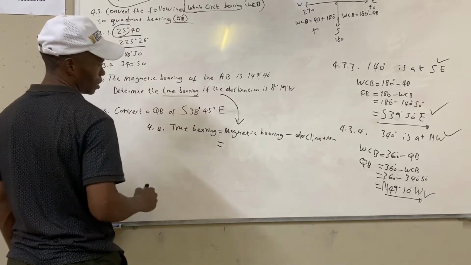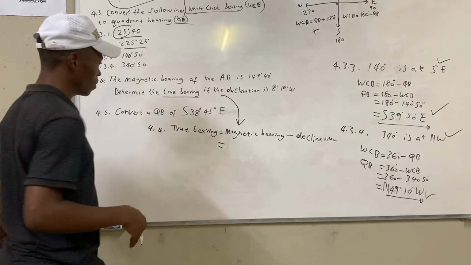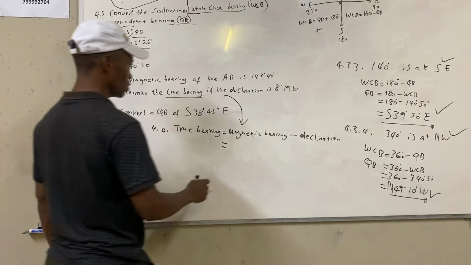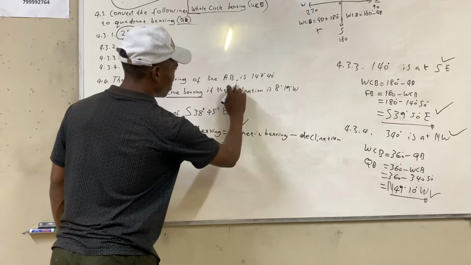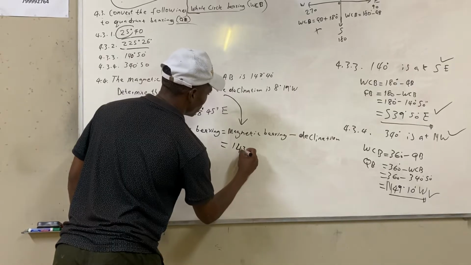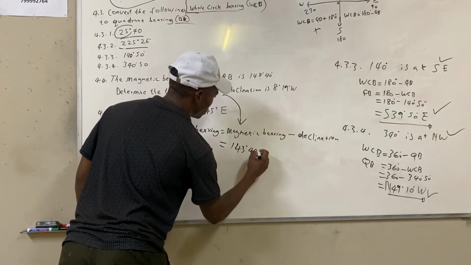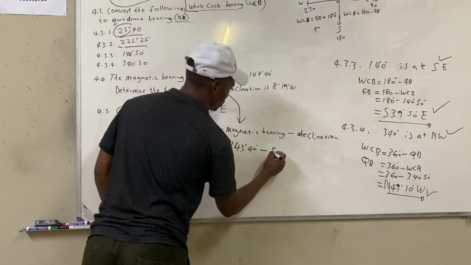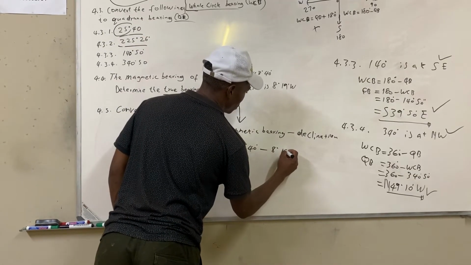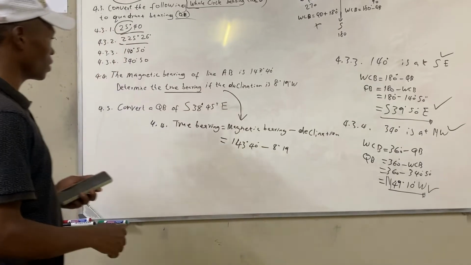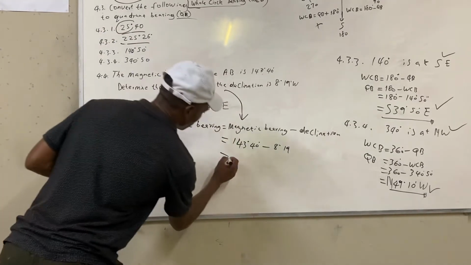This is a solution under 4.4. So it's going to be the magnetic bearing, which is what? 143 degrees and what? 40 minutes. Subtract what? 8 and 90. So very simple. You get the answer.